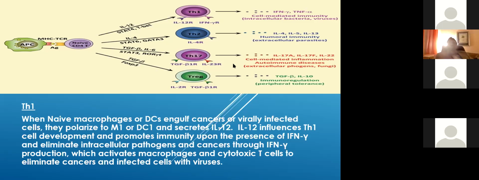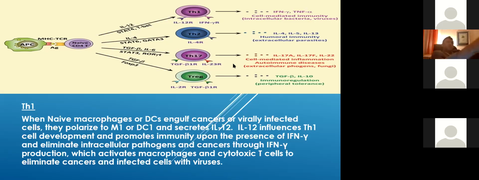Ultimately, the whole goal here is to kill the cells infected with virus, or cancers, by stimulating cytotoxic T cells, which are CD8 T cells. They are the ones who will do the job.